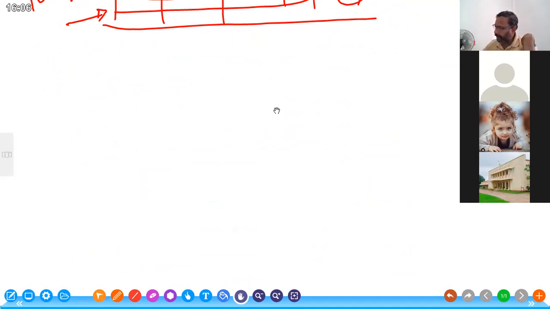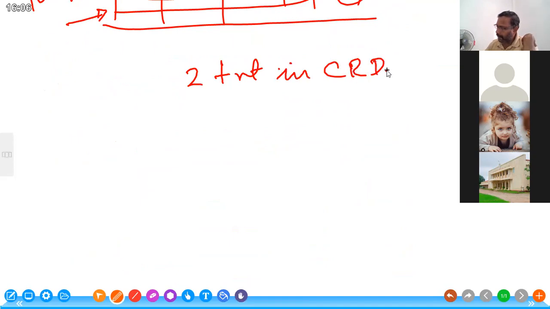Today, suppose I have two treatments in CRD. Can you comment on this before we go to our topic today? Two treatments in CRD. What is that?